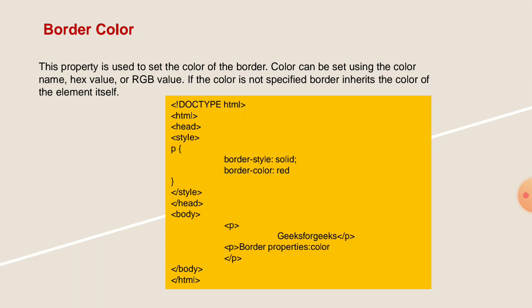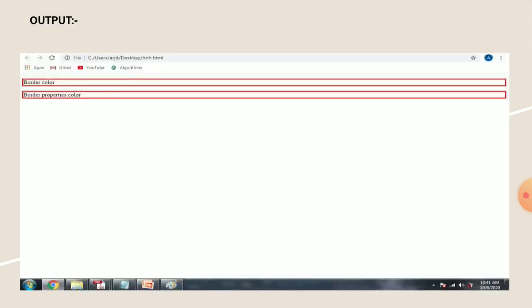HTML header section, style paragraph, define the border style solid and the color red, then style close, head section close, then we start the body section. The body has a paragraph with an example, with the border-color property, then paragraph close, body section close, head section close. That's our output.